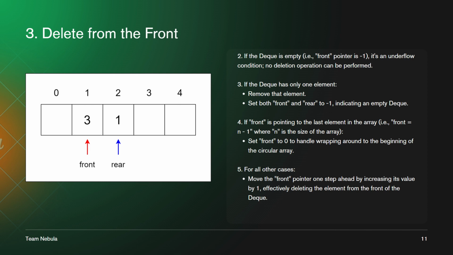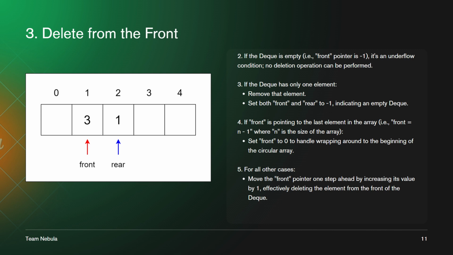If the dequeue has only one element, which means the front and rear pointers both point to the same element, we remove the element from the dequeue. So after deletion, we set both front and rear to -1, indicating that the dequeue is now empty because we have deleted the only element present in the dequeue.